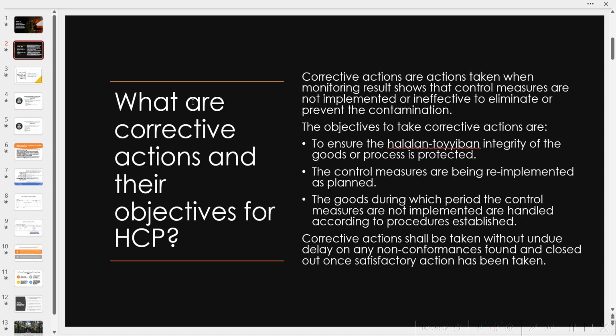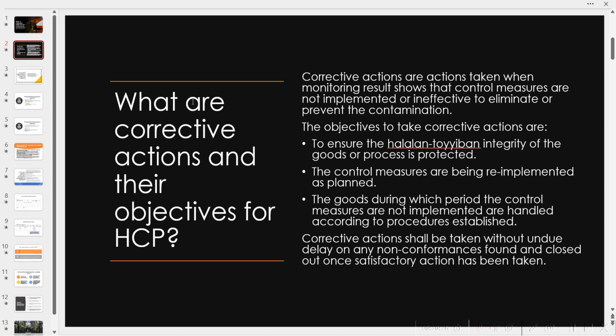Where did you find the word control measures in this subject? In the class of Dr. Nurul, there is a column in her table, control measures. Ingat tak? Tak ingat, masuk exam nanti. That's the halal control point table, table 1. There is a column named control measures.